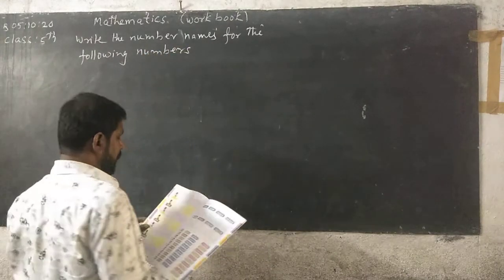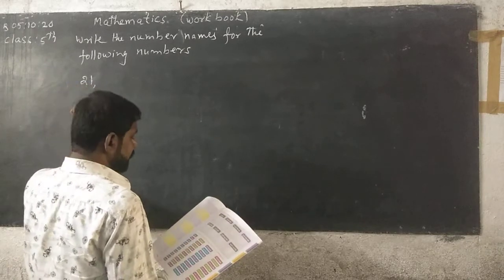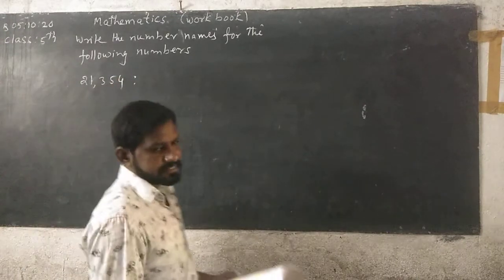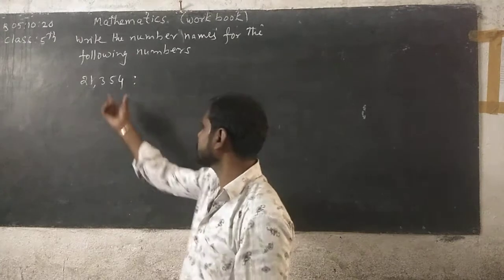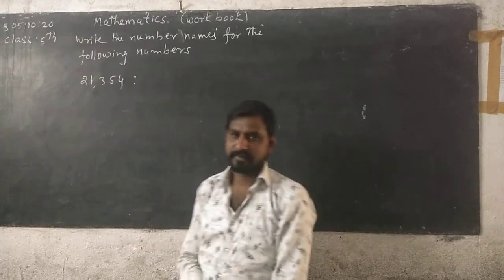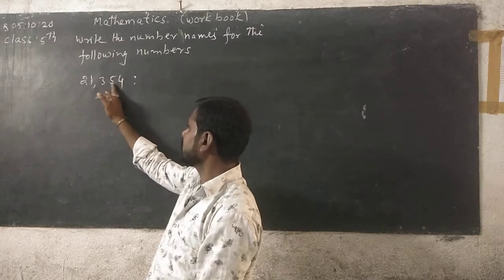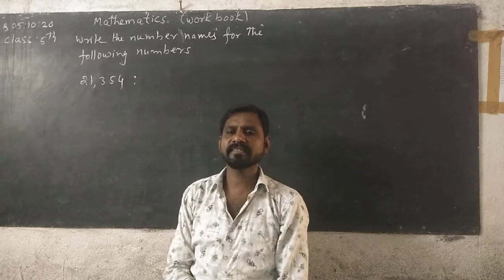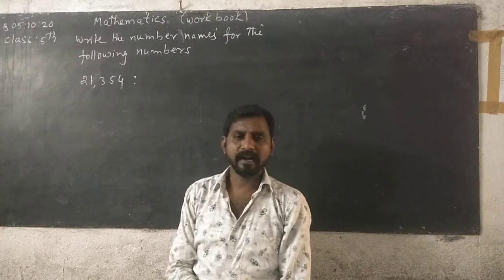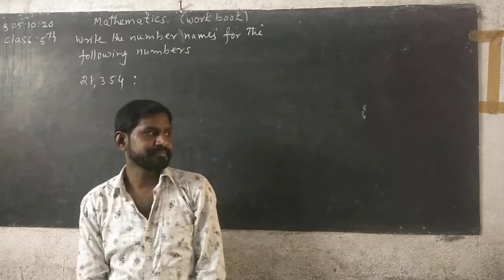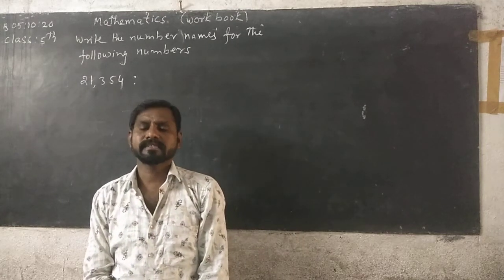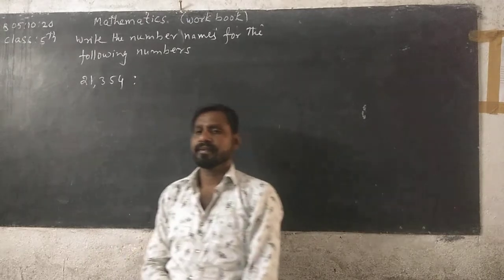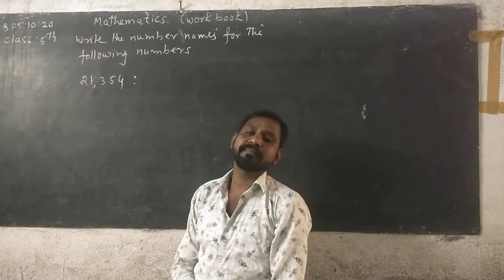See here, first one, 21,354. See here, it has two periods. This is ones period, this is thousands period. See ones, tens, hundreds. This goes to ones period. What is ones period? According to the Indian place value chart, the first three places from the right are called ones period.